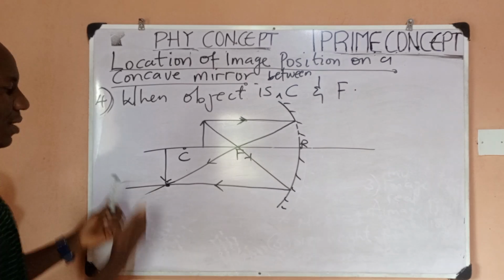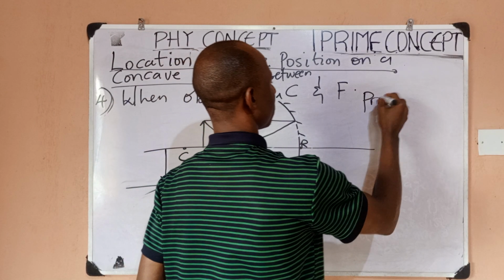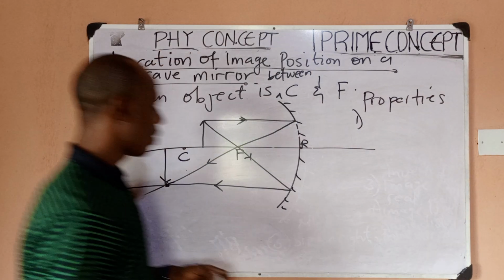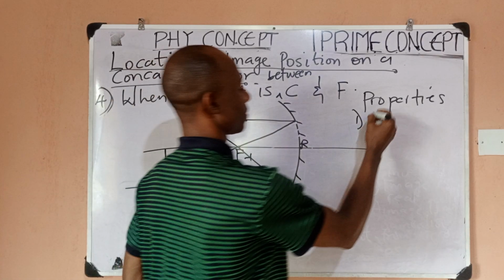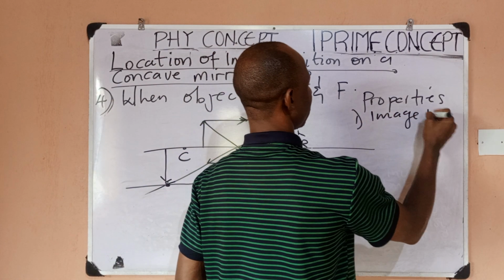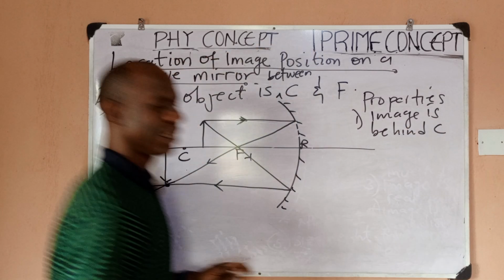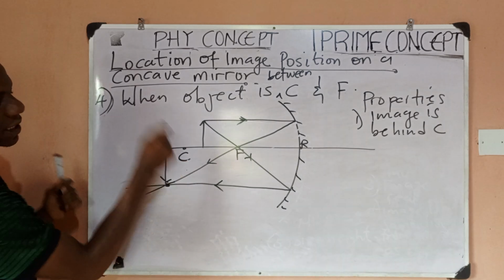Now let's list the properties of this image formed. Number one property you would observe from here is that the image is behind C. You can see these are images behind our center of curvature.